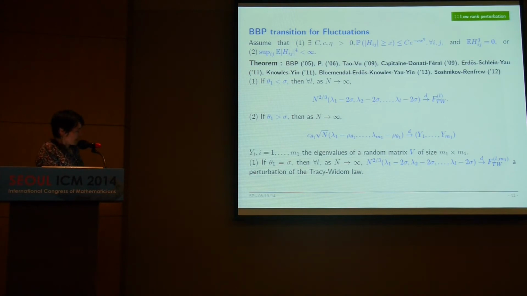When theta 1 is greater than sigma, then the situation is completely different. So first, the m1 largest eigenvalues converge towards theta 1, fluctuate in a new scale 1 over square root of n, and the limiting distribution is that of the eigenvalues of a small random matrix V. So initially the BBP phase transition was proved for the deformed GUE in the case where H is Gaussian.